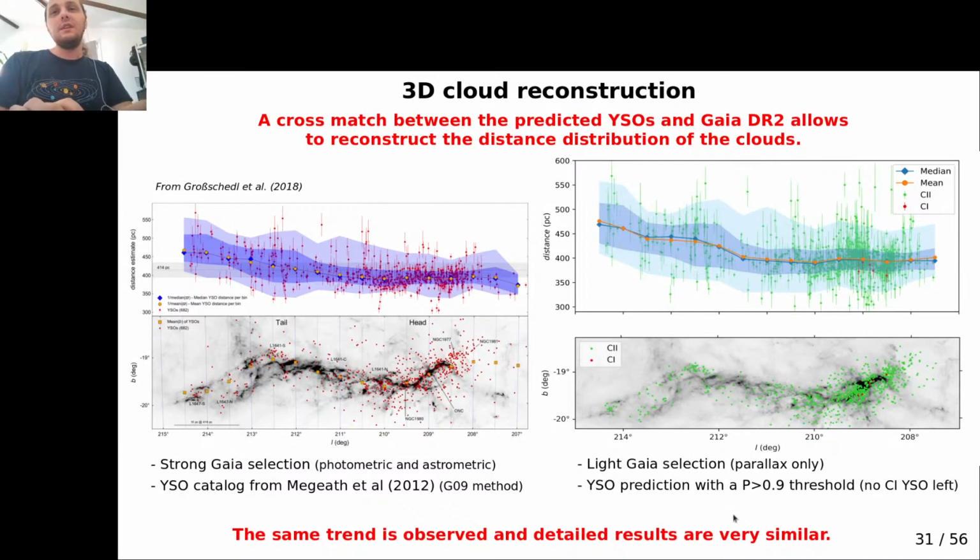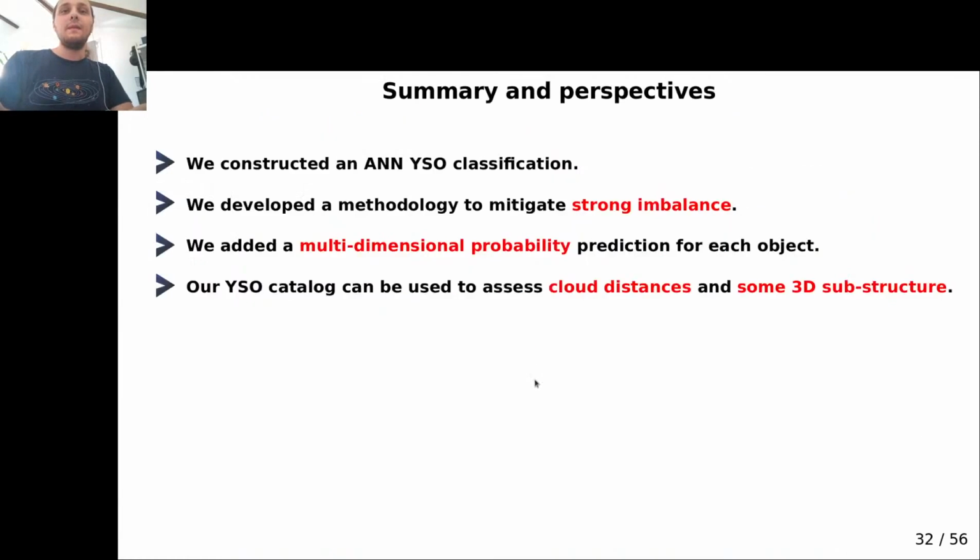And if we took only the WISOs which are above the 0.9 membership probability threshold, we reconstruct exactly the same trend with slightly higher dispersion, and we have very close results to those predicted in the paper from Großschedl, which means that properly selecting young stellar objects with this membership probability can allow us to have more stars to reconstruct the 3D shapes of interstellar medium clouds.